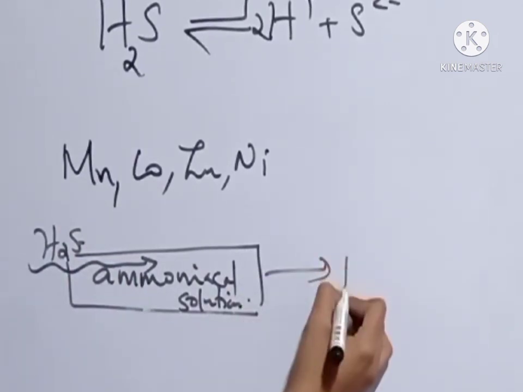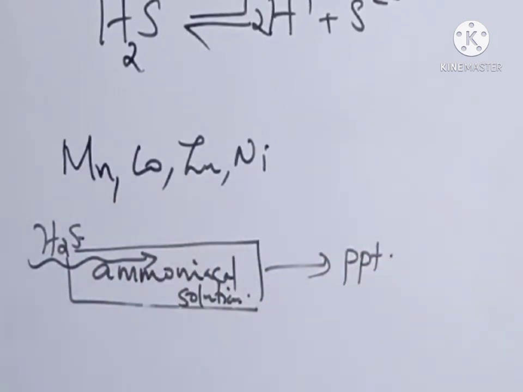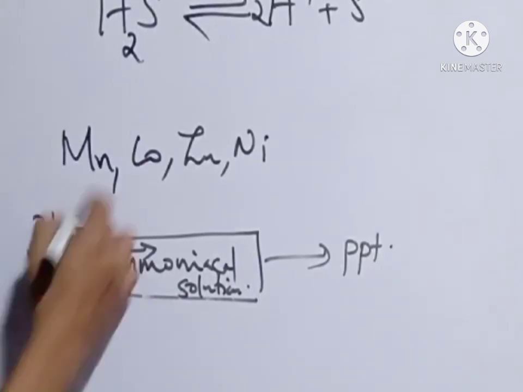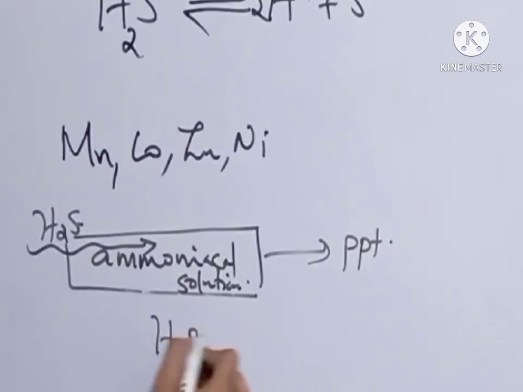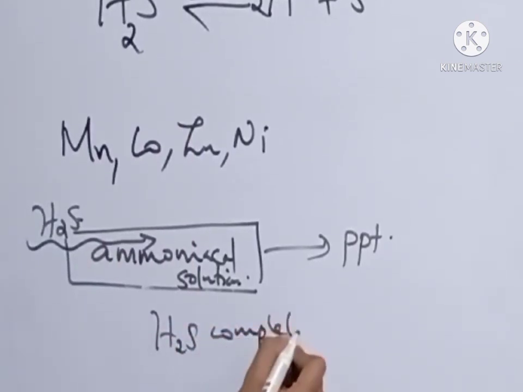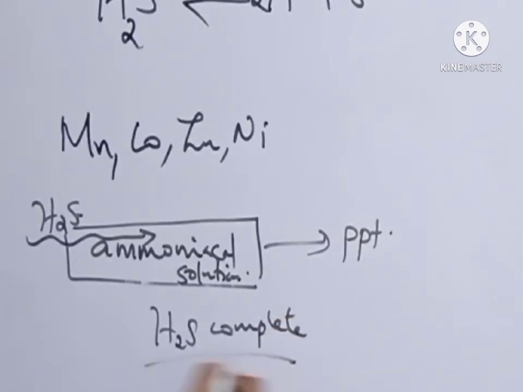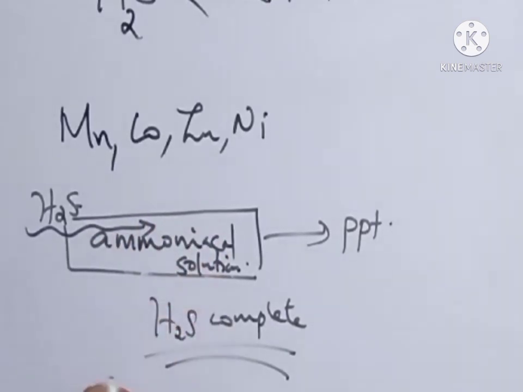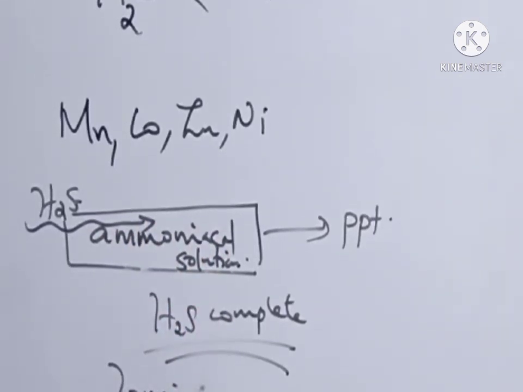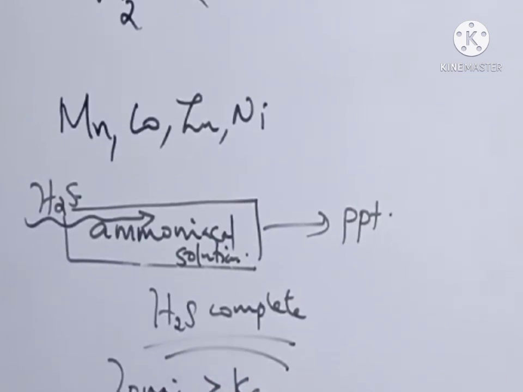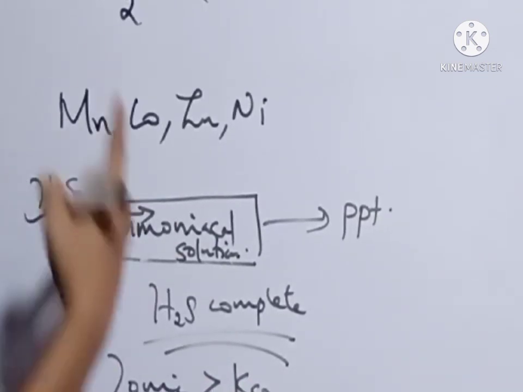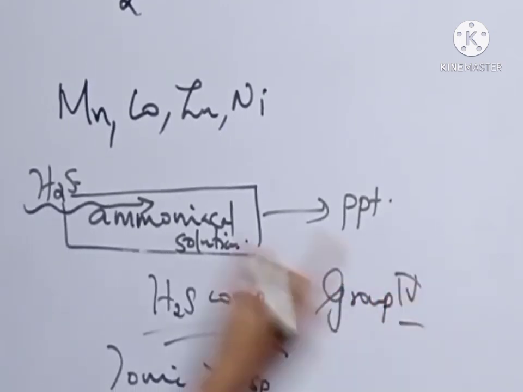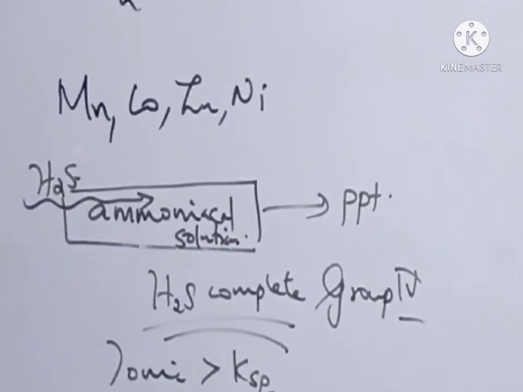Then only will we get the precipitate of these metals, because the ammoniacal solution dissociates H2S completely. So complete dissociation of H2S occurs in ammoniacal solution, the ionic product exceeds the solubility product, and these metals are precipitated in the fourth group.